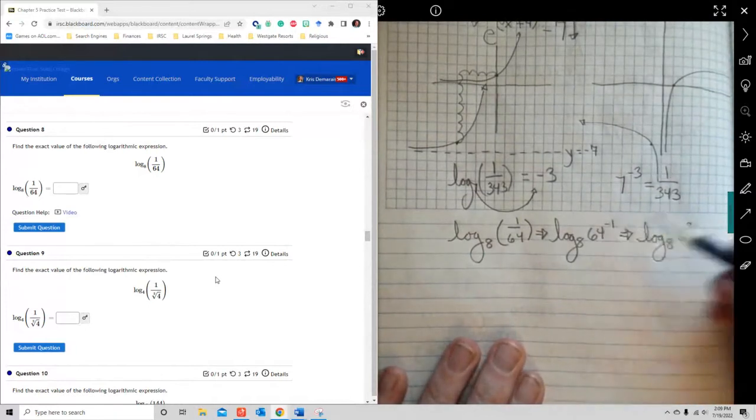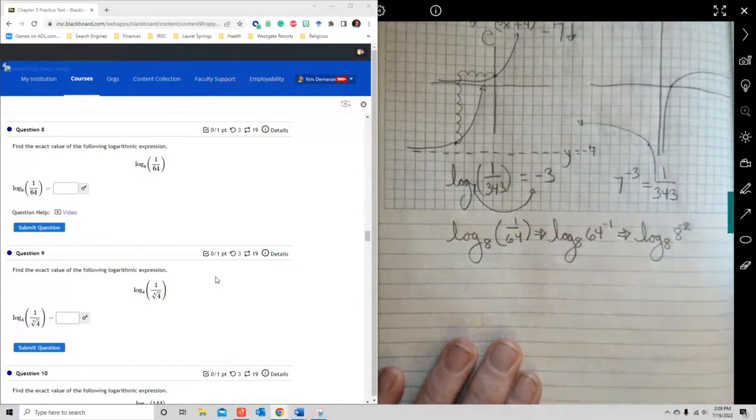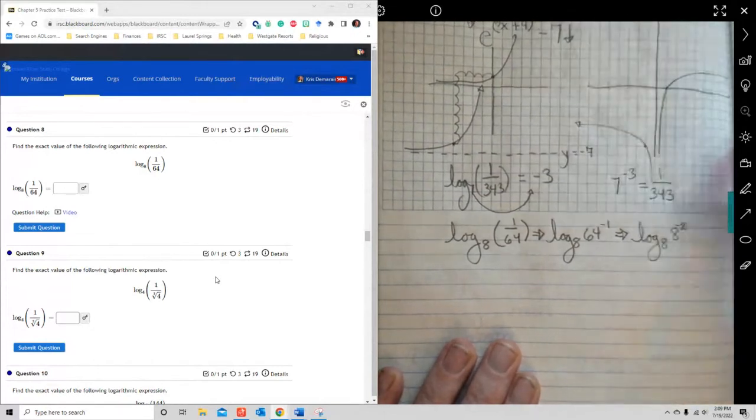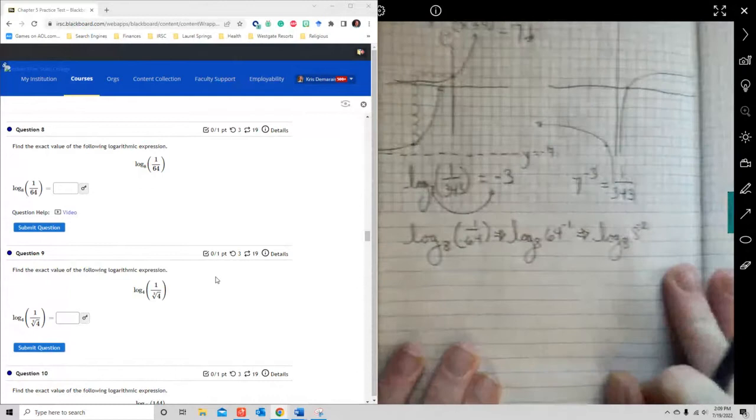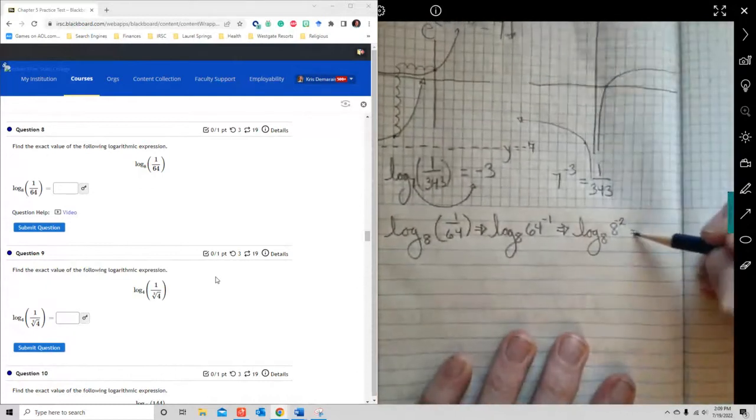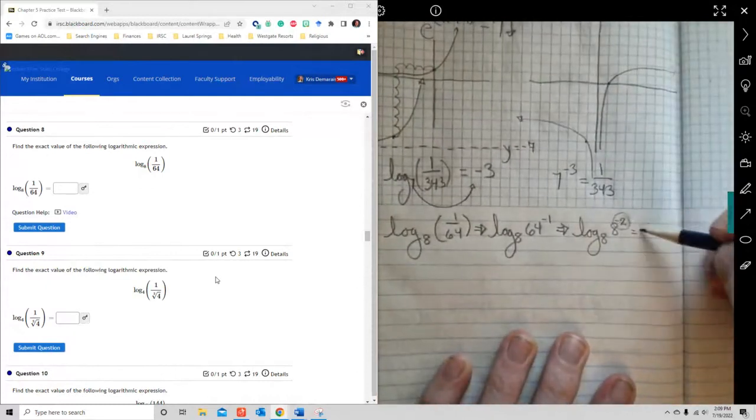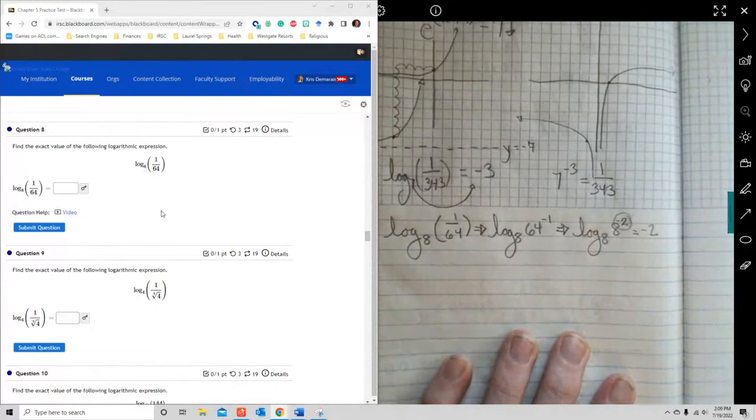Well, wait a second, there's a -1, so this becomes -2. You take the -1 and multiply it against the 2, and it becomes -2. All right? So then our answer becomes whatever is in this position, which is -2, and that is the answer we're looking for here.